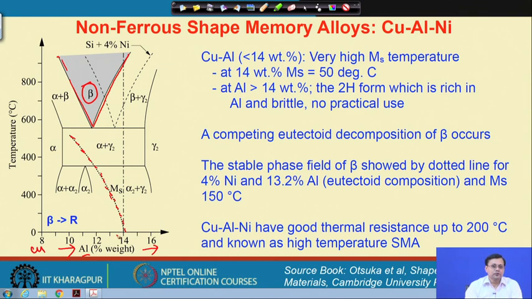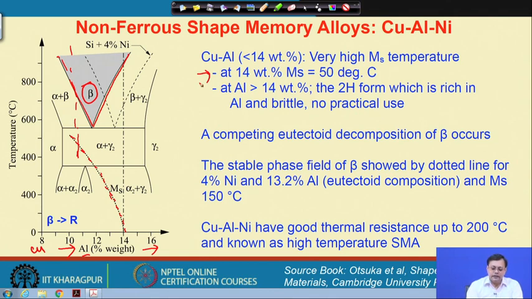Now, what are other problems? Please have a look. The MS temperature in this region is quite high, and just by adding 4% aluminum it goes to 0. Let us assume we have something like 14 weight%, where 50 degree centigrade is the MS temperature.